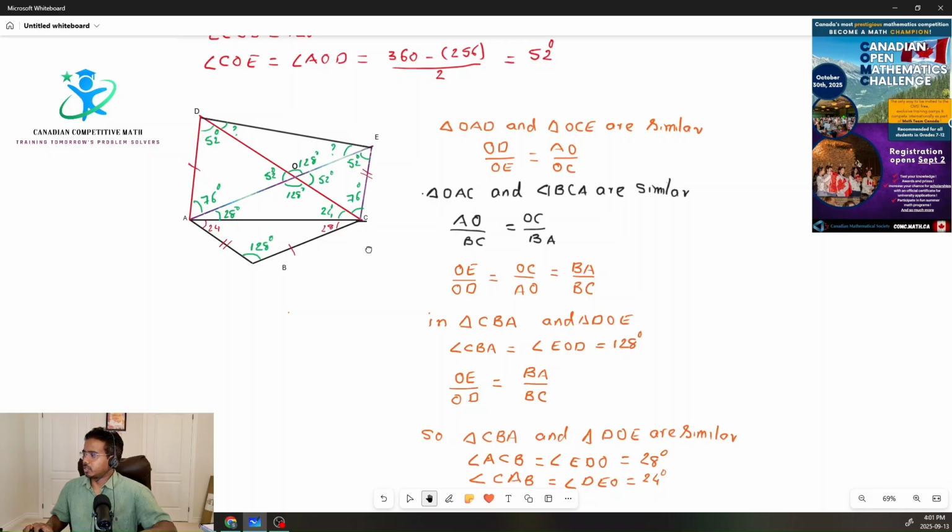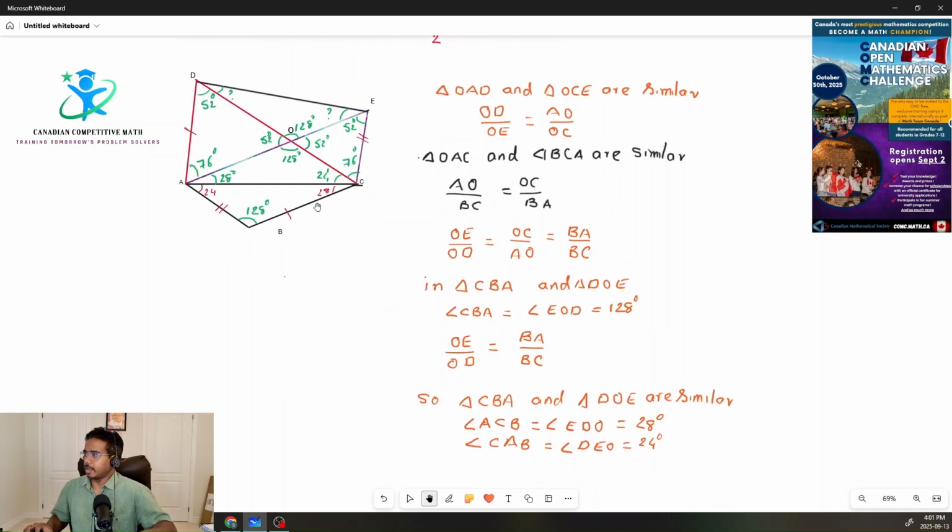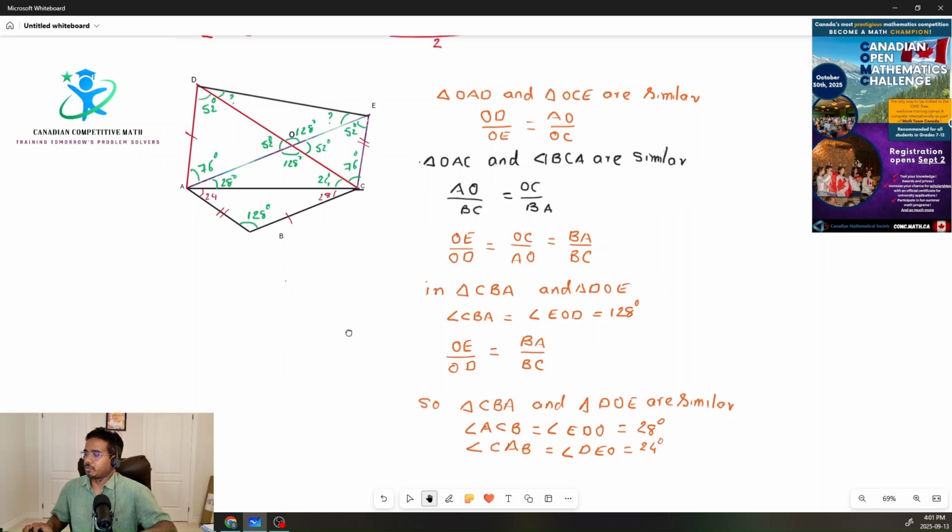Right. So triangle ABC and triangle DOE are similar. And we also know that angle ABC is 128, and also angle DOE is 128. Right.